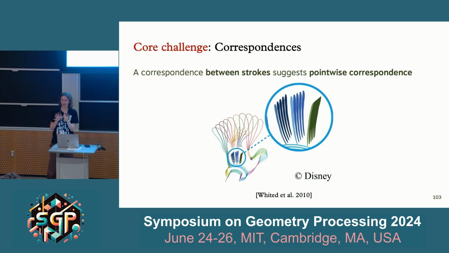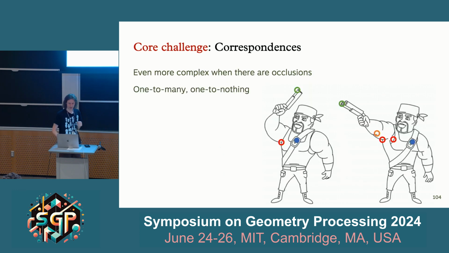If you have stroke-wise correspondence, point-wise correspondence is maybe easier. But this stroke-wise correspondence is a large pain because, for example, here, this point goes to this point. Okay, fine, we can do something about it. This point on the belt, maybe you can match to this point on the belt.